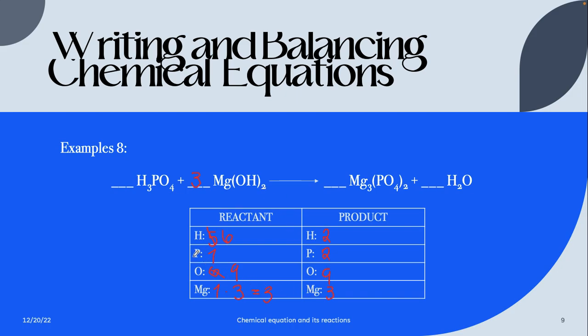Now, let's balance the phosphorus. We have, or better yet, let's balance the hydrogen. To make this now balanced, we need to multiply this by 6.